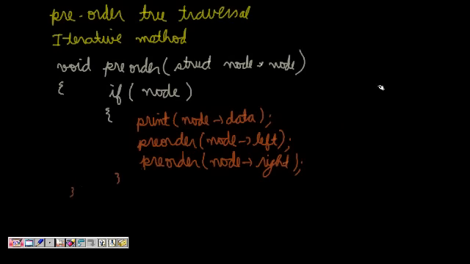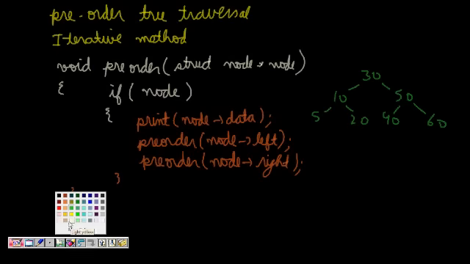Okay, so this is my recursive method, and let's see a small example to understand this pre-order traversal. Let's have a tree 30, 50, 10, 5, 20, 40 and 60. If we perform the traversal of this tree, we call pre-order root, and root is not null, so we print 30, then we do pre-order node left.